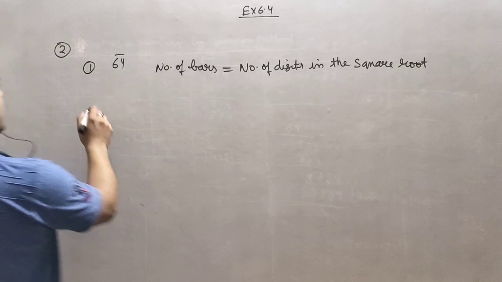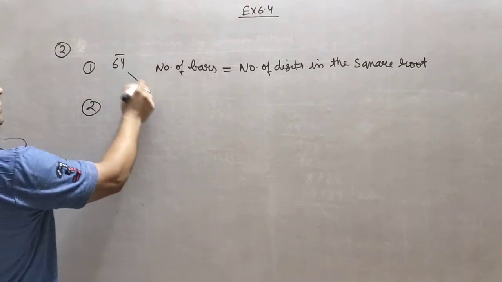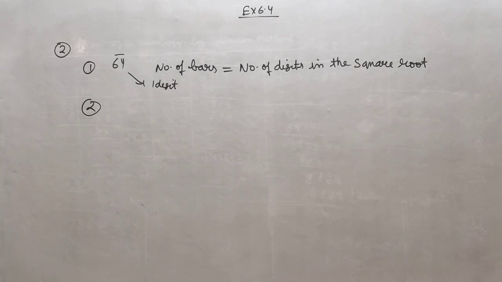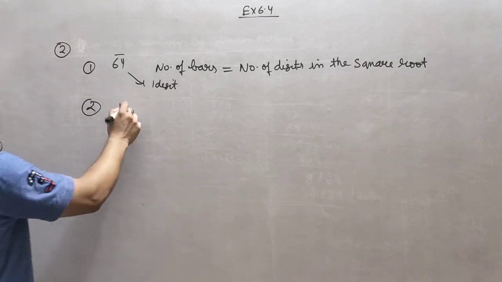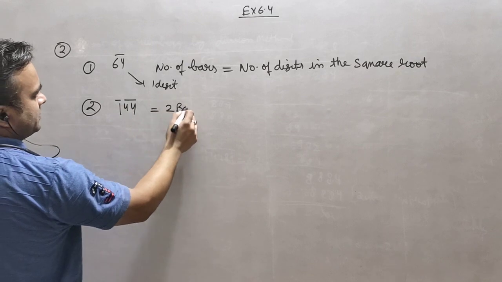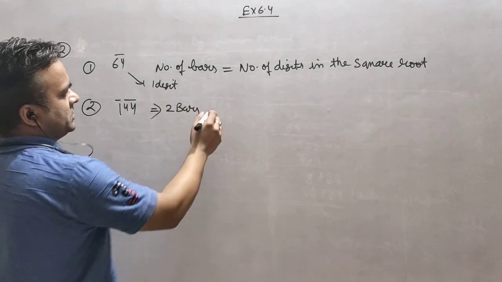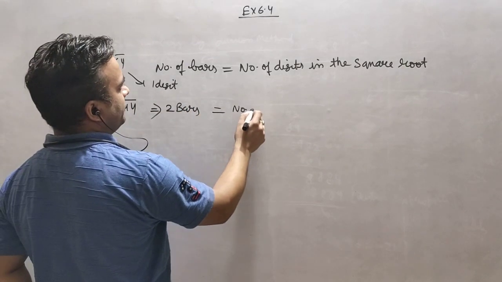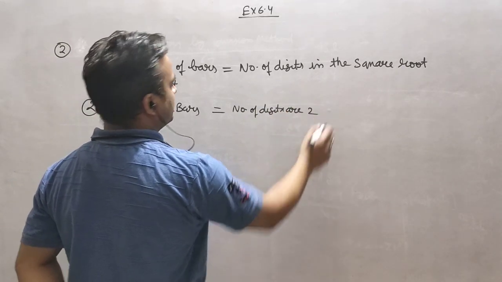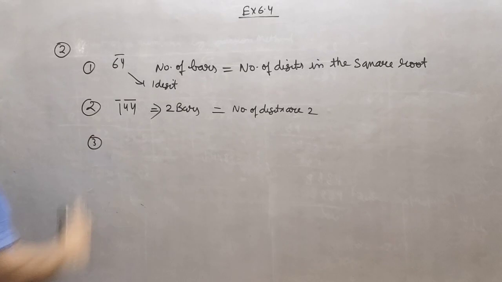If 64 contains one bar, it means one digit. If you can see the next one, 144, we start a bar from here. How many bars? Two bars. So it means the number of digits is two.